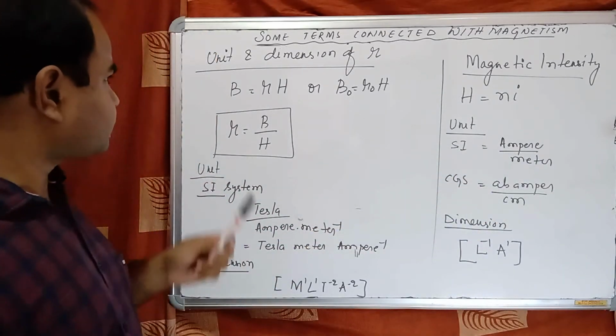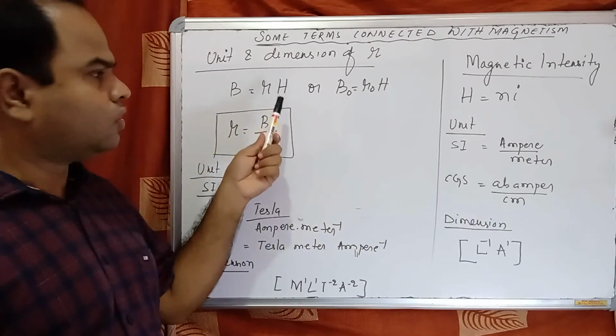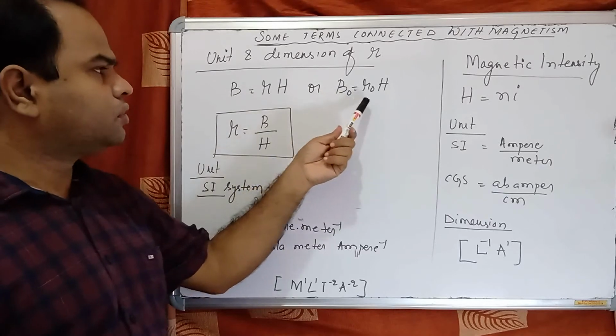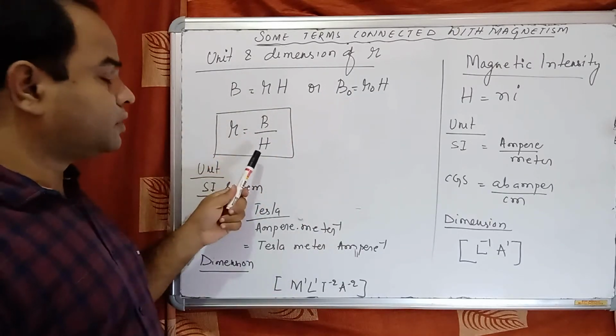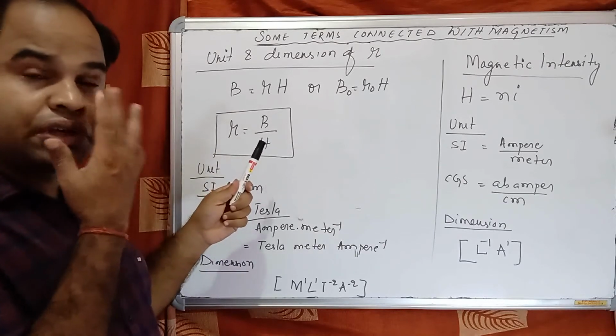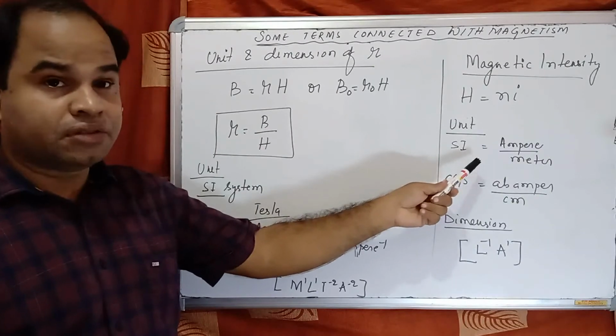Again, we know that B is equal to mu H, or for air medium B naught is equal to mu naught into H. So mu is equal to B by H. The unit of B is Tesla and the unit of H is ampere meter inverse.